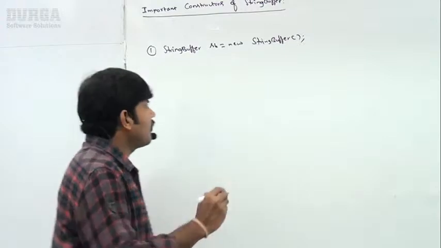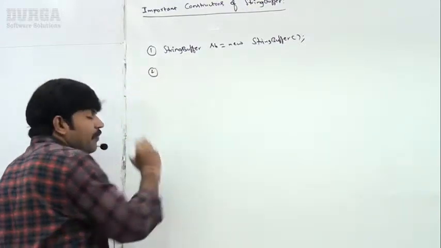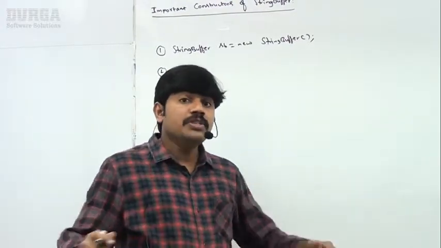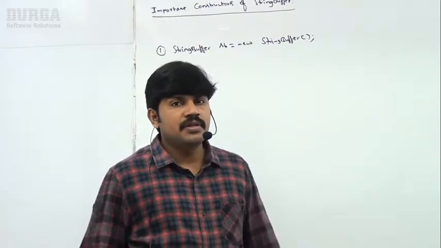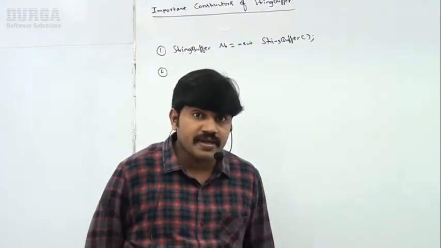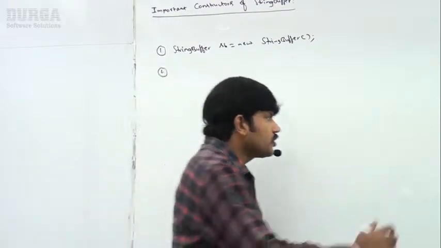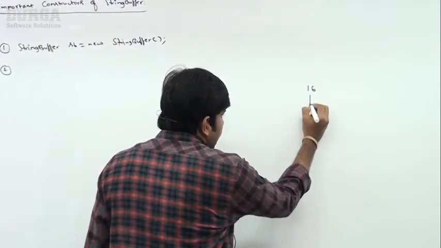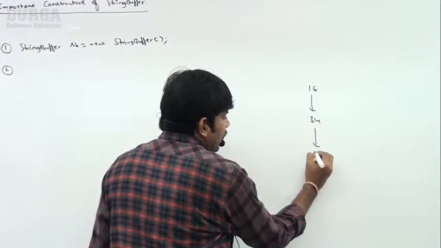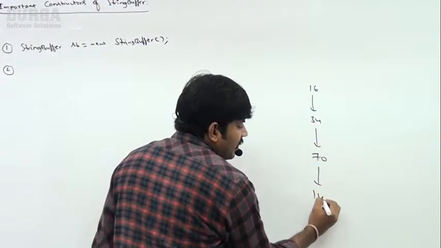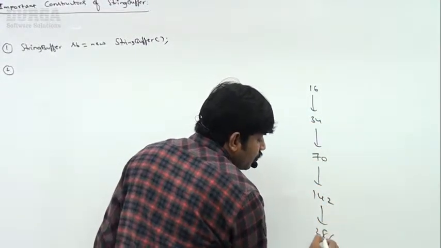Sometimes my requirement is, I know I want to add 1000 characters in this StringBuffer. Then first it creates 16, and then 34, and then 70, and then 142, and then 286.